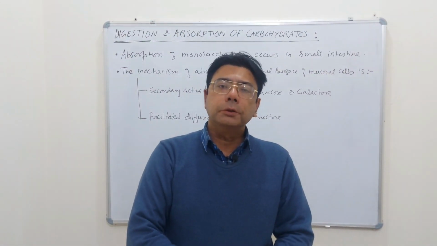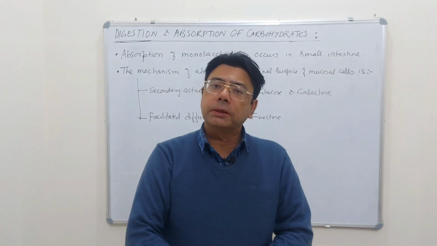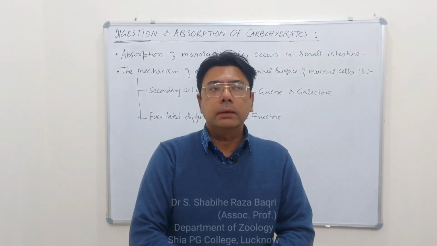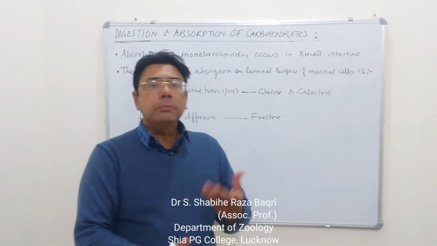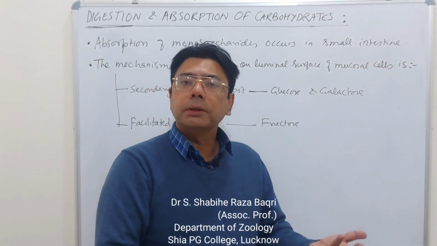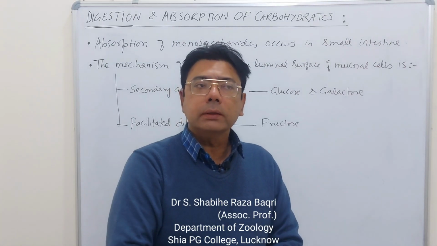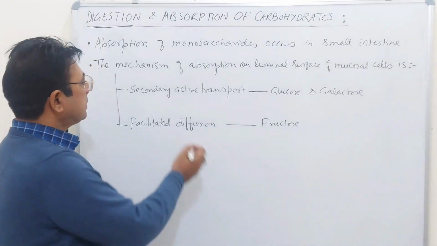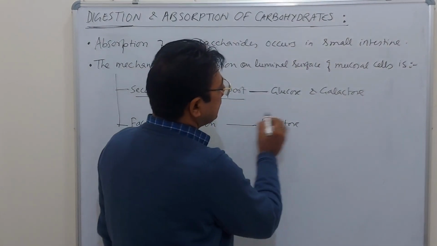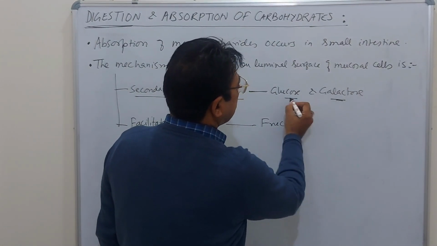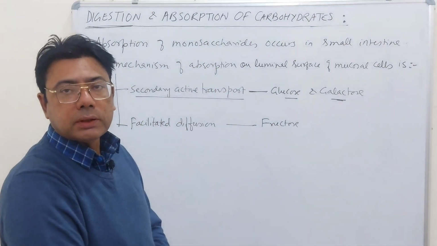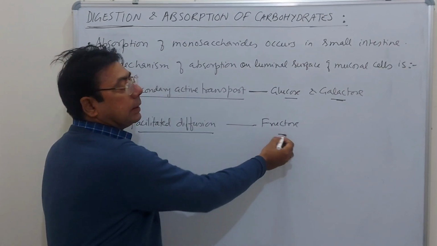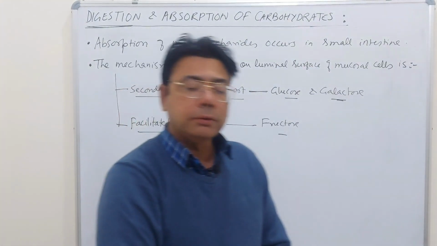After digestion, you should know the mechanism of absorption of monosaccharides, which of course varies in case of different sugars, and there are two mechanisms for absorption of different monosaccharides from the luminal surface of mucosal cells. One mechanism is secondary active transport, which is applied in case of glucose and galactose absorption, whereas in case of fructose, the absorption is by facilitated diffusion.